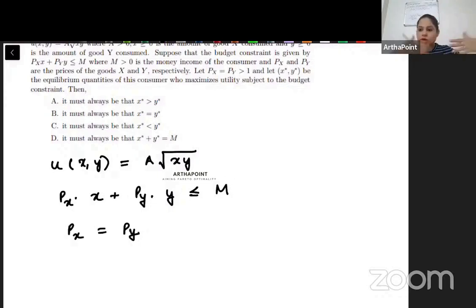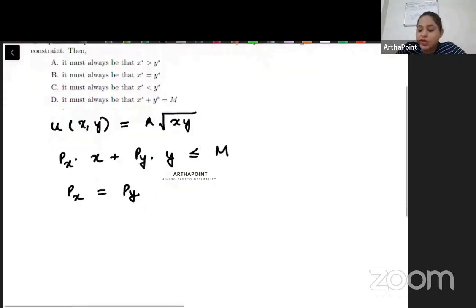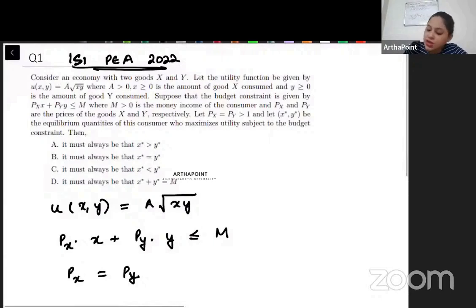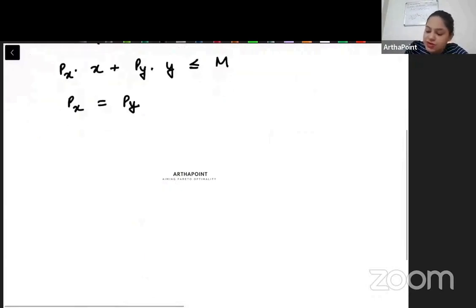Tell me something. I'll do it through the long method also, but just tell me something. When we talk about Cobb-Douglas preferences, we have learned something. If my Cobb-Douglas preference is just XY or root XY, or let's take even a general one, X to the power alpha, Y to the power beta.